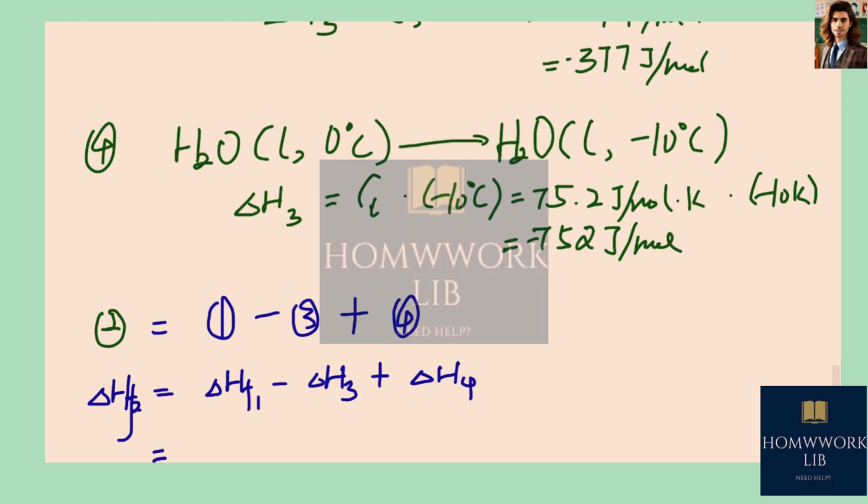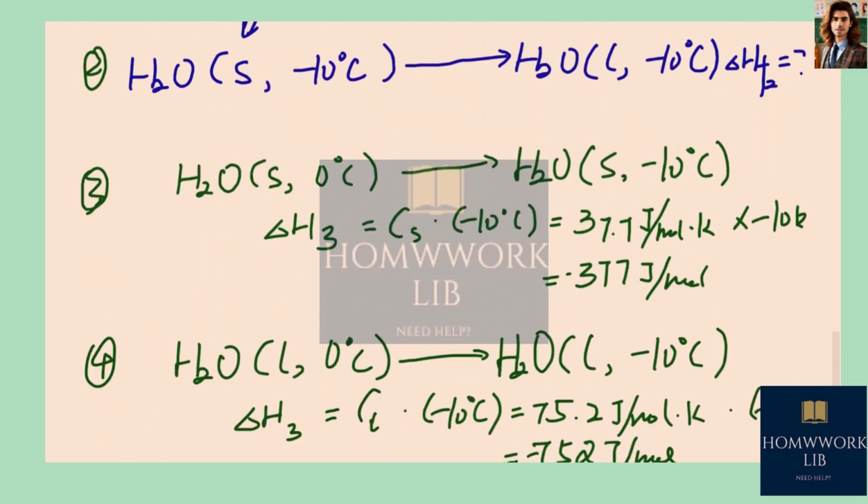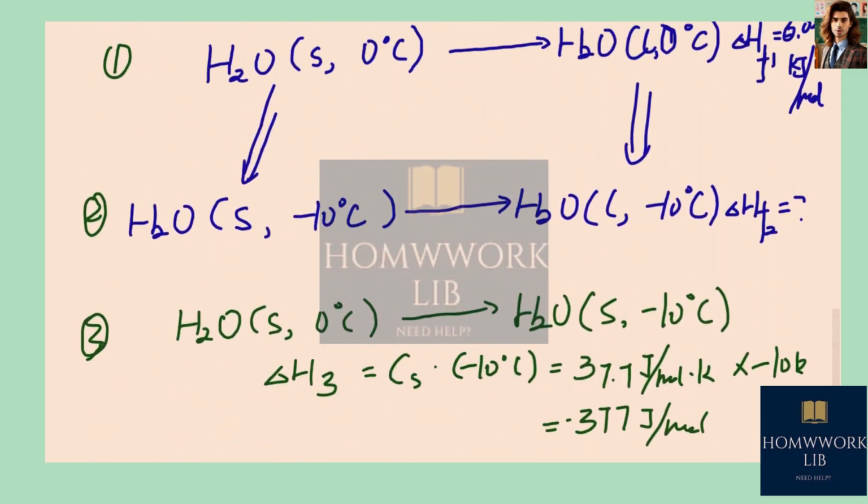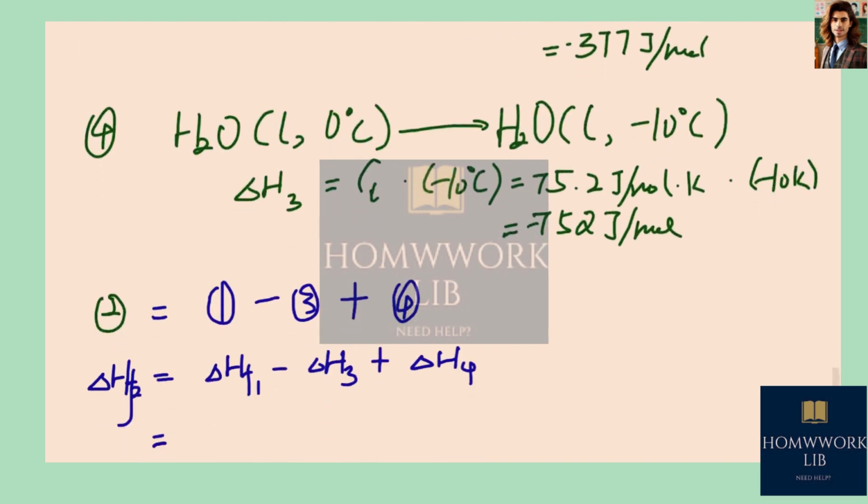So what I need to do is just plug in the numbers here. HF1 is 6 kilojoule per mole, so 6,000 joule, minus delta H3, minus 377, and plus delta H4, minus 752.